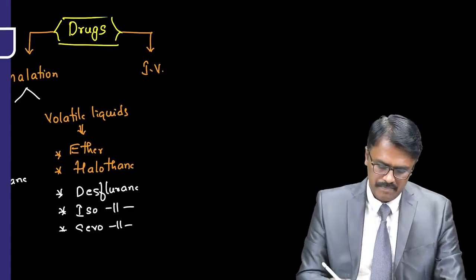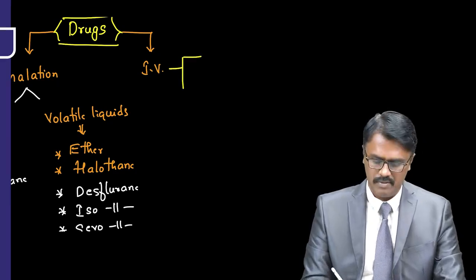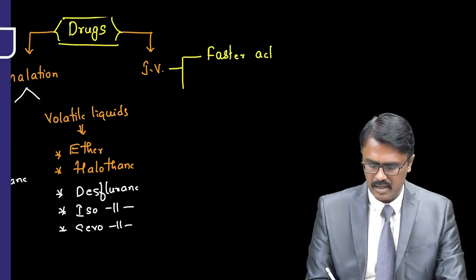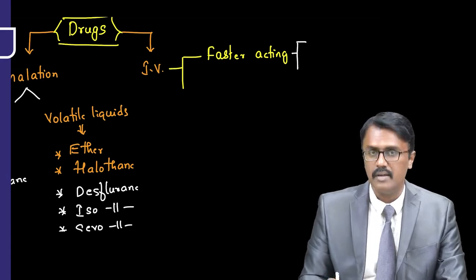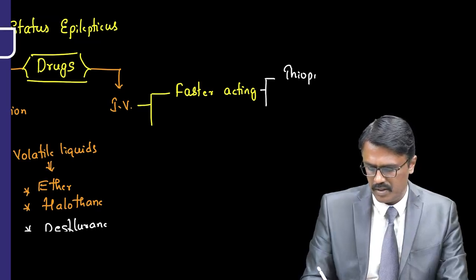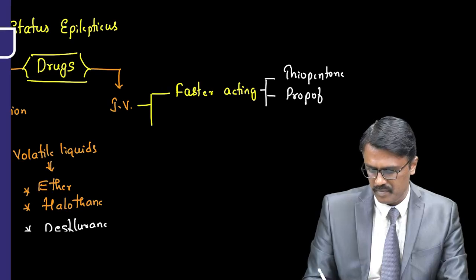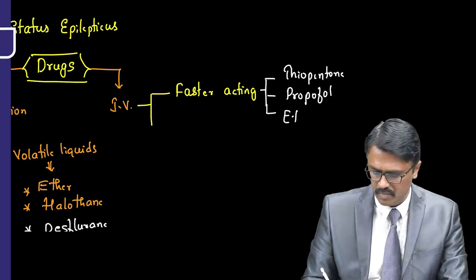Coming to the IV drugs, we have two important groups. The faster acting general anesthetics are thiopentone sodium, a drug called propofol, and one more drug called etomidate.